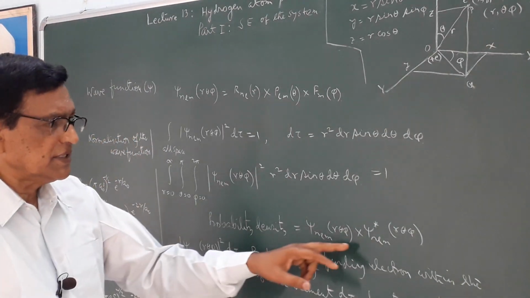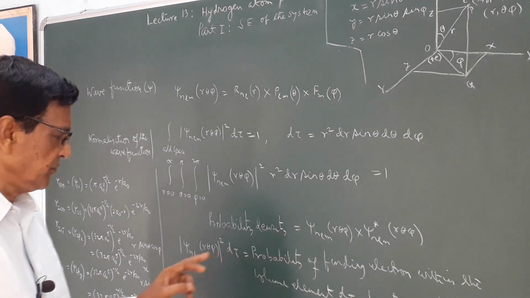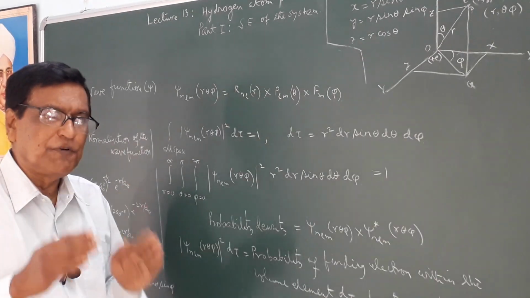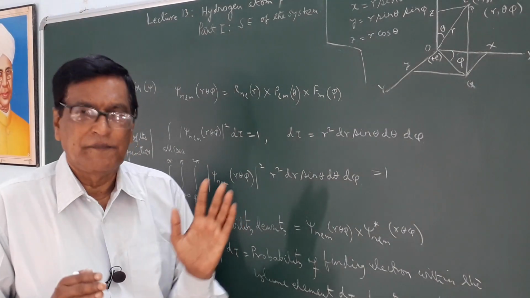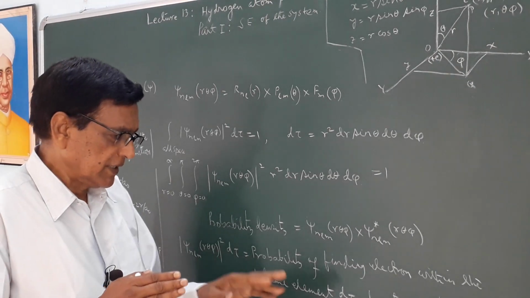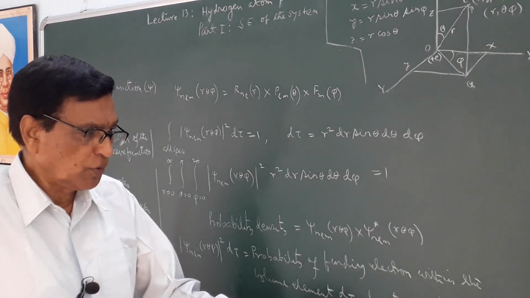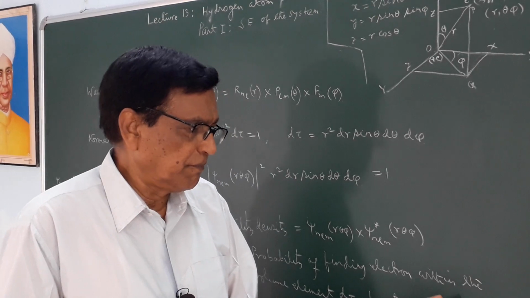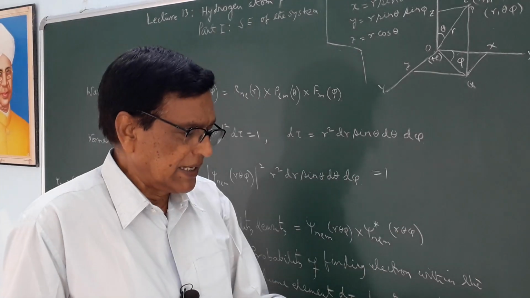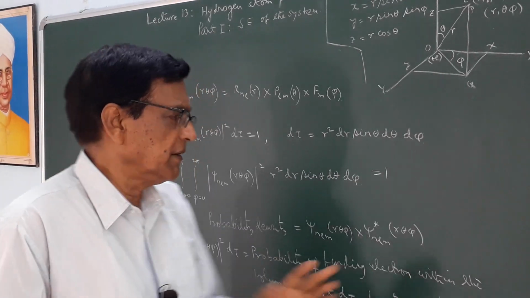And whenever this is multiplied by d tau, it gives the probability of finding this electron in a small element of volume located at the point P, and this point is r, theta, phi.